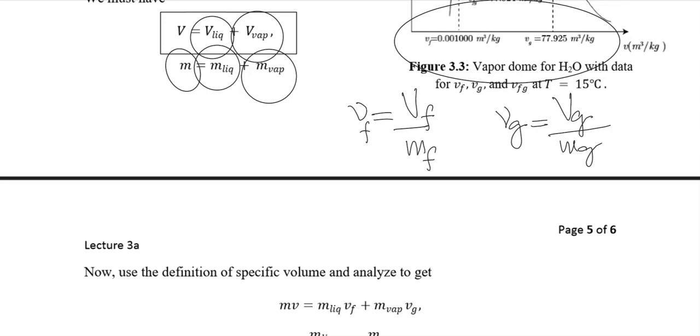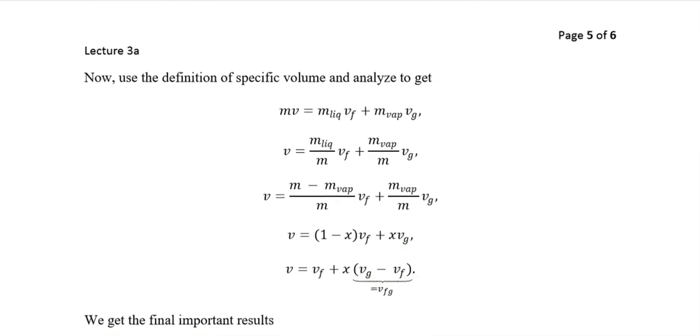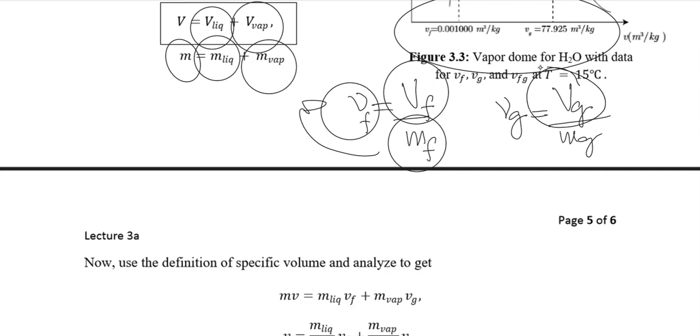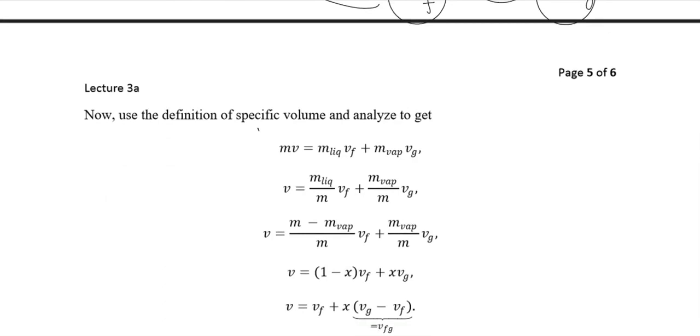Just abbreviating them so you can imagine. So the total volume would be equal to mf, the mass of the liquid, multiplied by the specific volume of the liquid, and the total volume of the gas would be the mass of the gas multiplied by the specific volume of the gas. So it will be something like this.